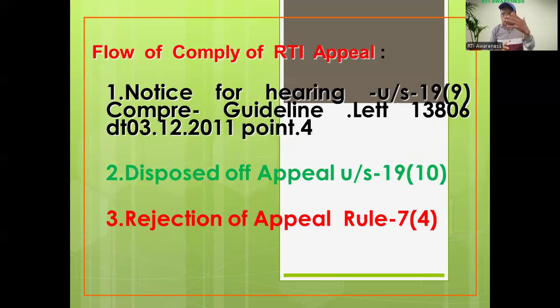Then how to comply with or dispose of the appeal of an appellant? First of all, whenever we receive the appeal, we have to give notice to the appellant as per section 19, subsection 9.